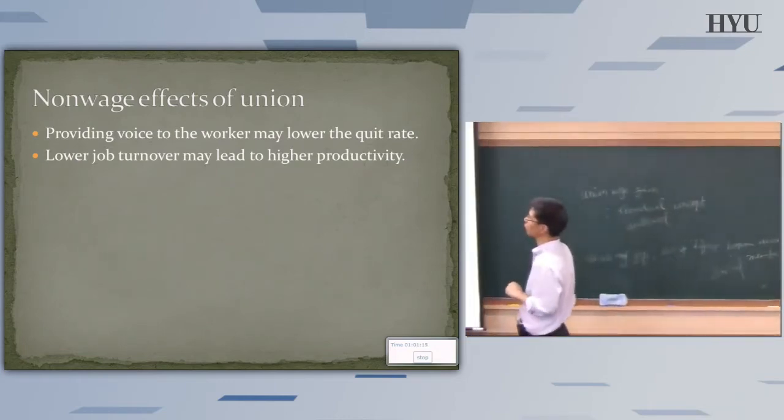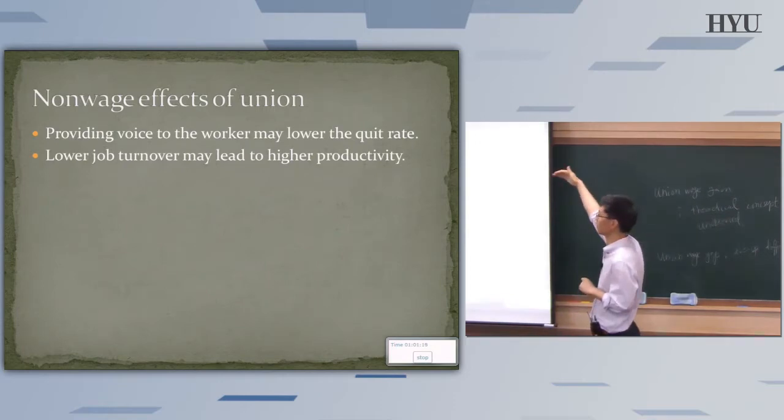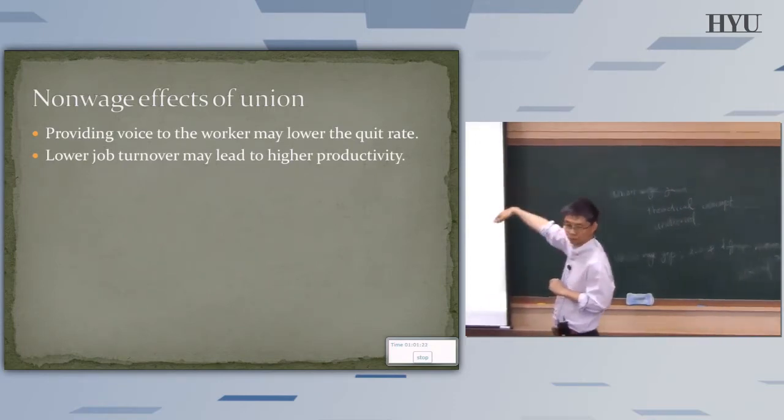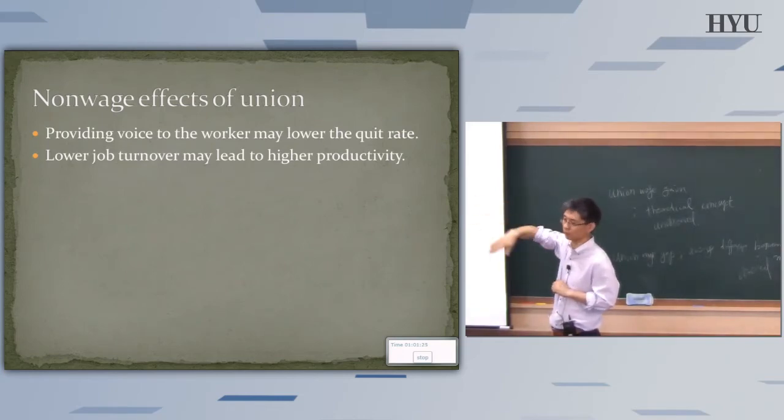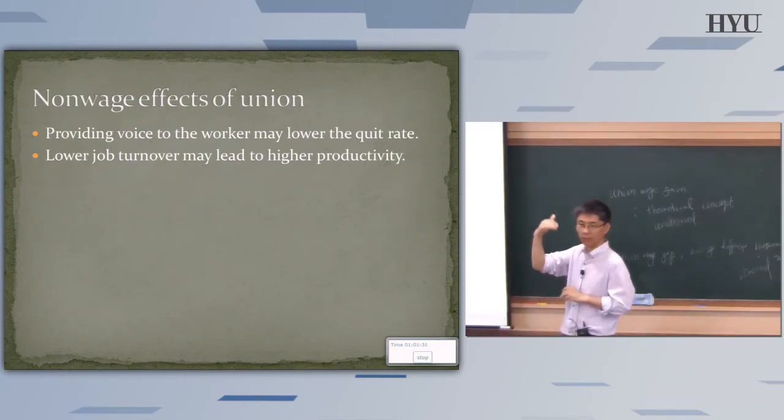Since the union members generally have a low quit rate, and they are not laid off because they are protected by the collective bargaining, generally the union members have a low job turnover rate.